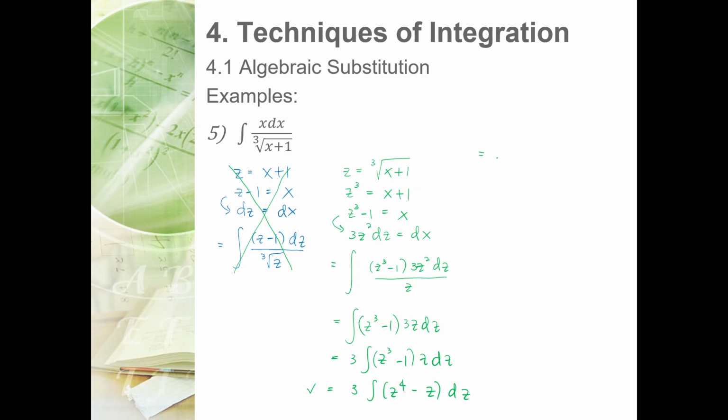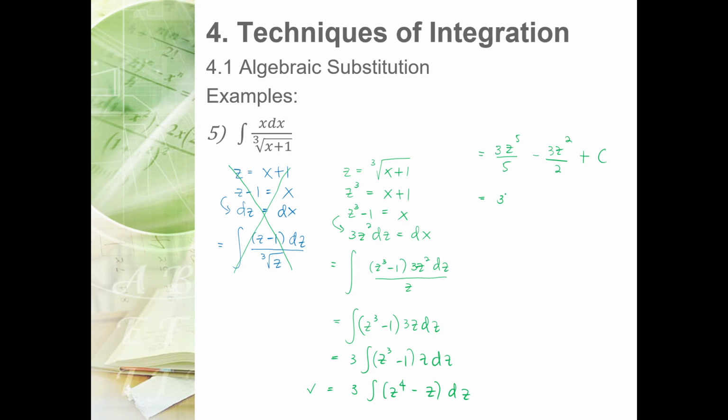Okay, so this one is 3, then z to the 5th over 5, right? Minus 3z squared all over 2 plus c. So again, don't forget to bring back the value of your z parameter.